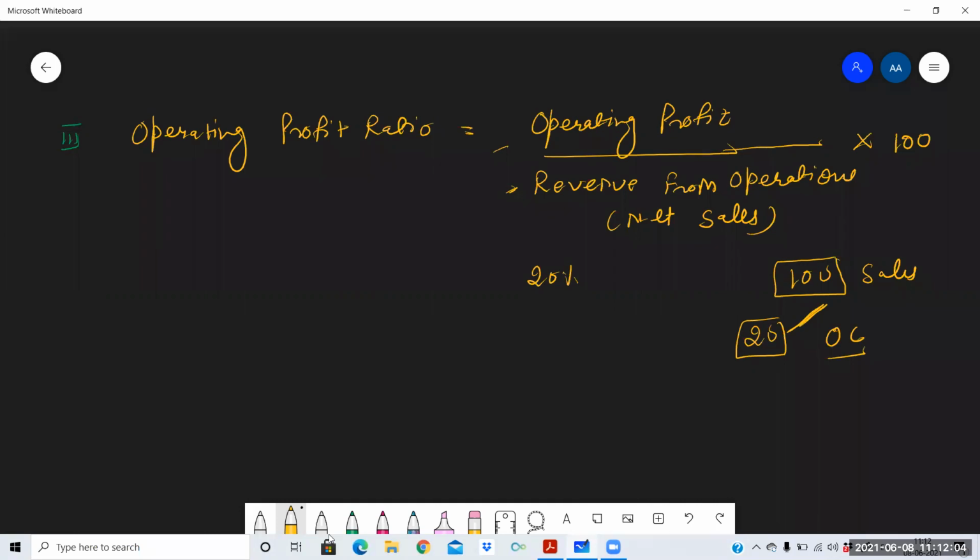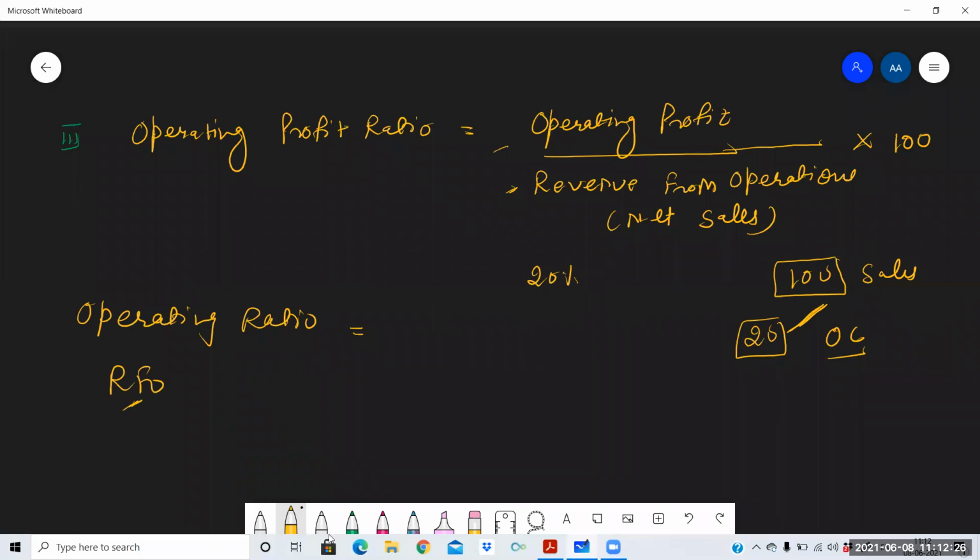So if in a question operating ratio is given, and RFO is given, and we need to find out operating profit ratio, what will be the formula for operating profit ratio?